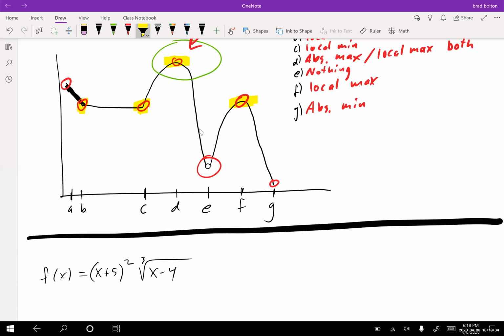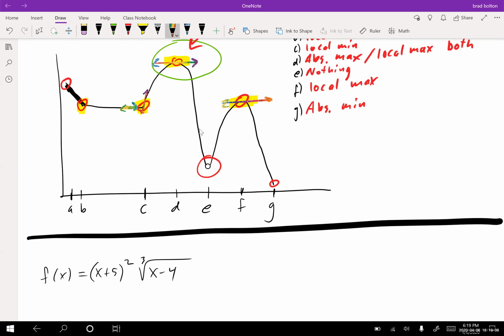So at all of these locations, we know that the derivatives did something special. If I tried to draw a tangent line right here, the slope of my tangent line would be 0. If I tried to draw one here, the slope of my tangent line would be 0. Now this one would be kind of hard to talk about because it looks like the derivative is going like this right here, but if you come from the other side, it looks like the derivative is approaching a different value.